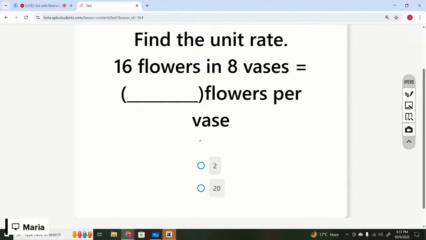That is 8 times 2 is 16. So the correct option is 2. Very good.